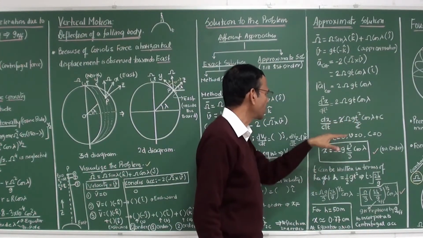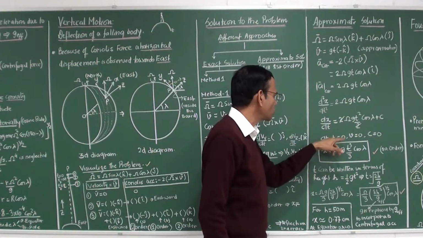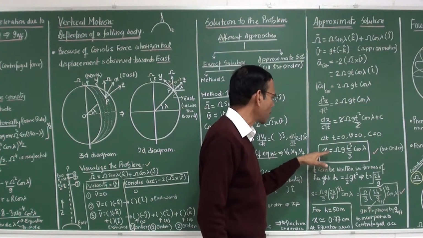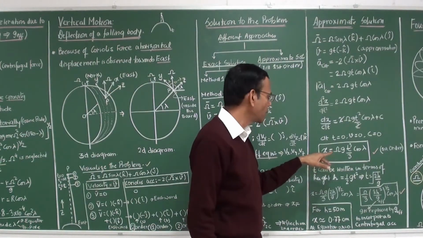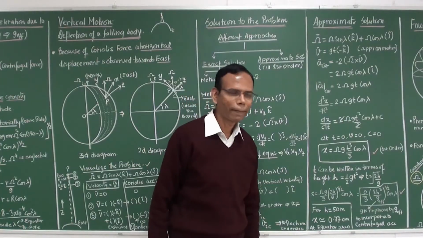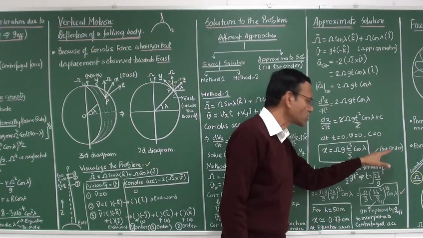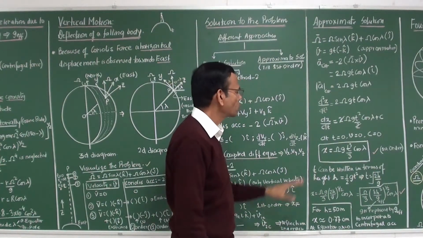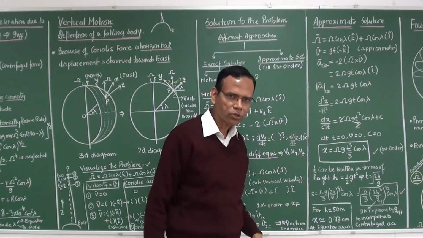Okay, just integrate it. At time t equal to 0, v is equal to 0, so c is equal to 0. So finally you get the displacement x as omega g t cube by 3 cos lambda. Now, this is the first order. We are not going into the second order. So this is an approximate solution.